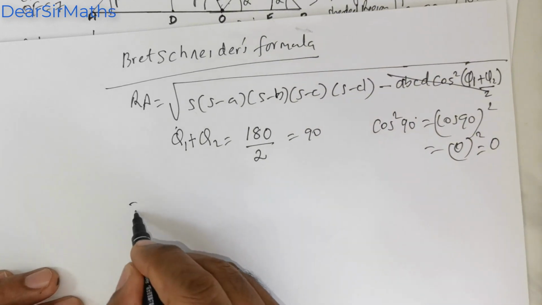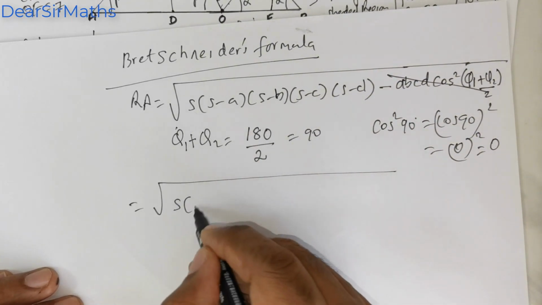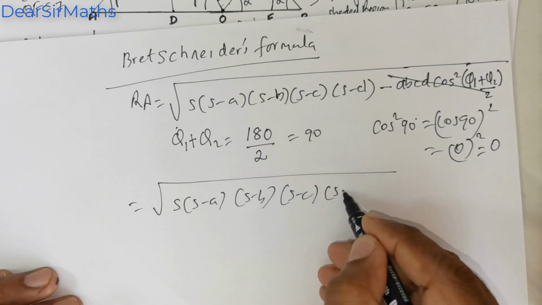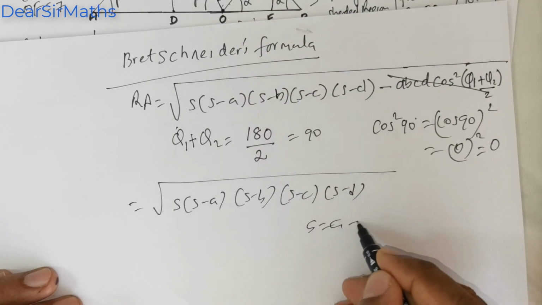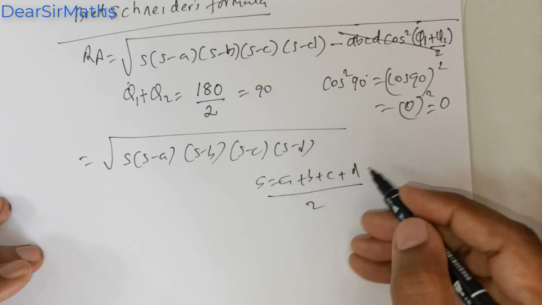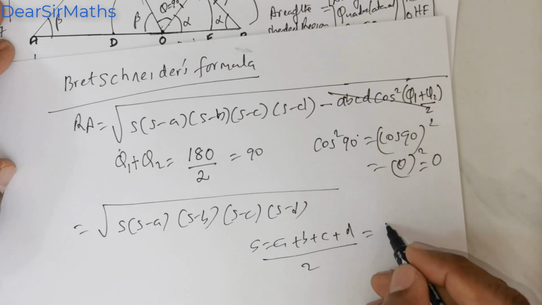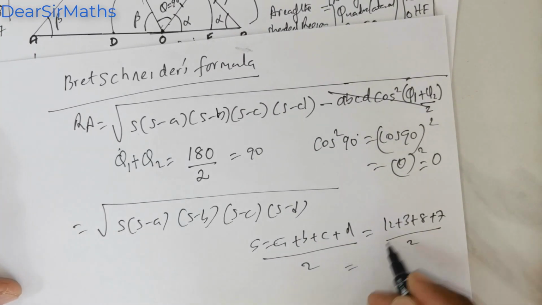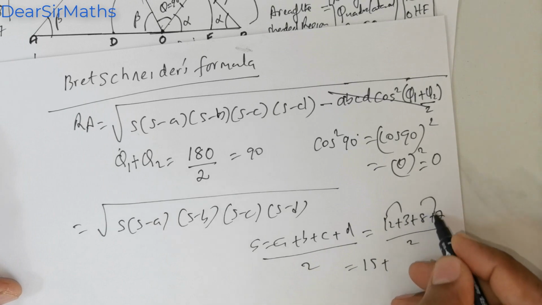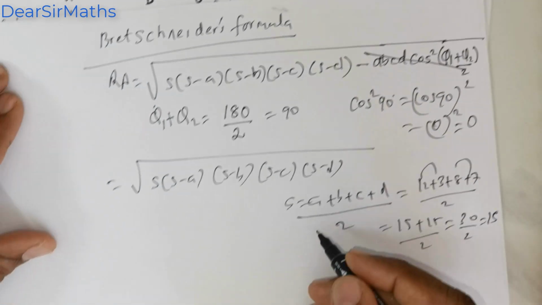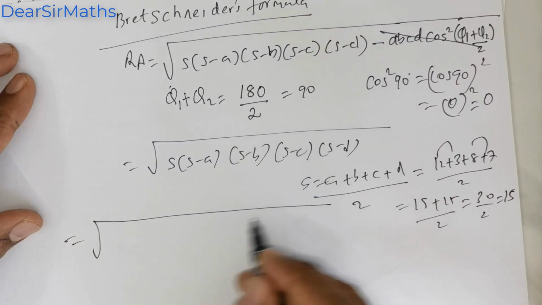So all we have is the root of S minus A, S minus B, S minus C, S minus D, where S is equal to A plus B plus C plus D divided by 2. Placing in the sides, 12 plus 3 plus 8 plus 7 divided by 2. This is 30 divided by 2, which is equal to 15. So the semi-perimeter is 15 units.